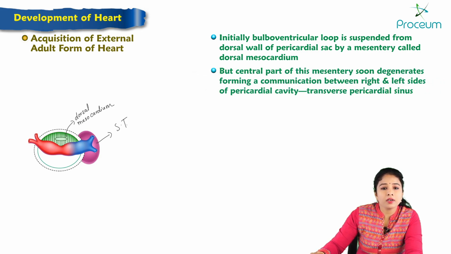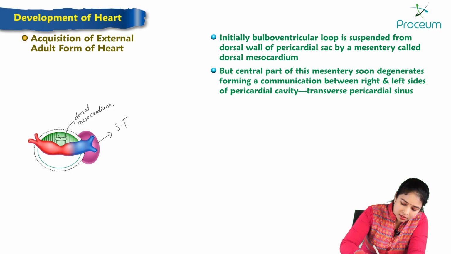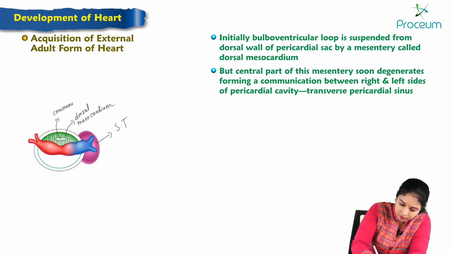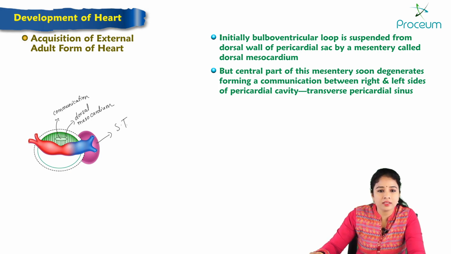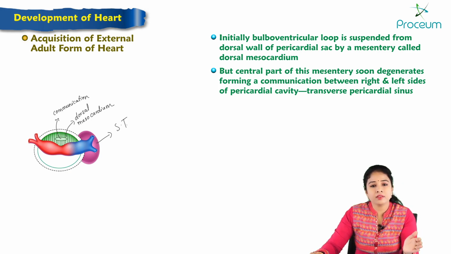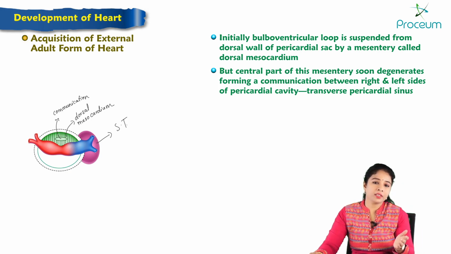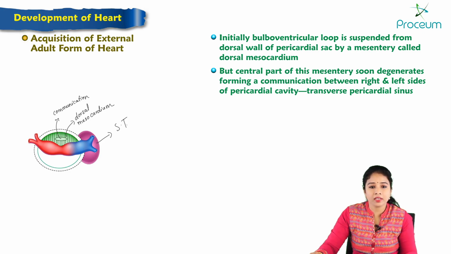But the central part of the mesentery soon degenerates, forming a communication between the right and left sides of the pericardial cavity. So you can see a communication, because of the degeneration of the dorsal mesocardium in its central part. So it leaves a communication between the right and left sides of the pericardial cavity.